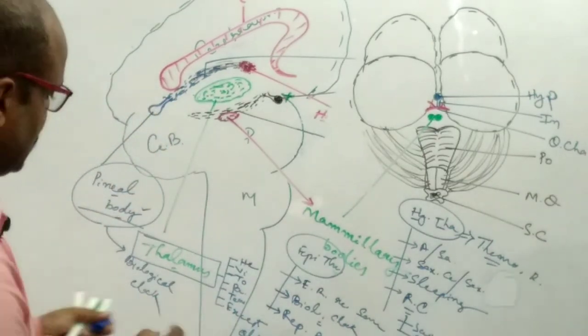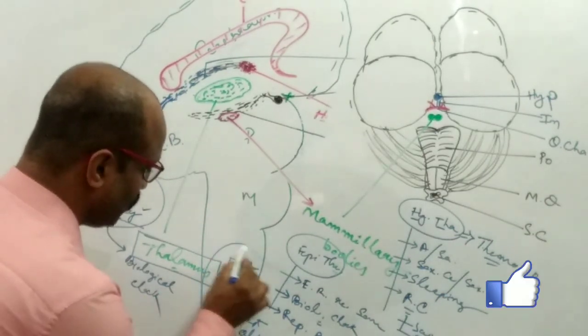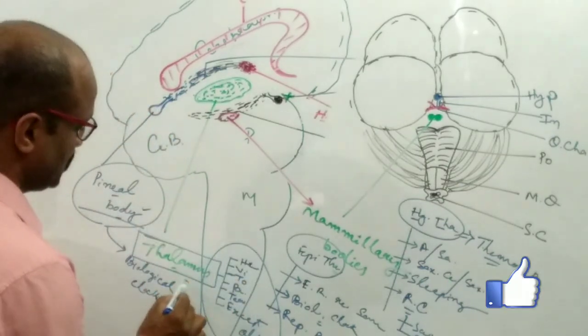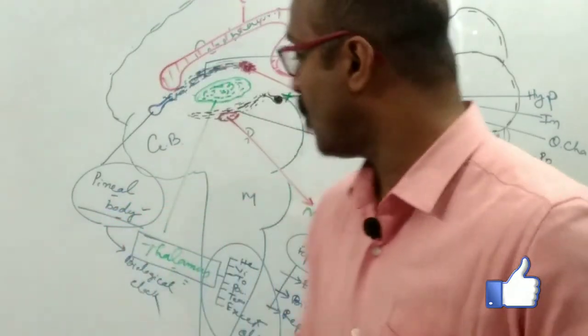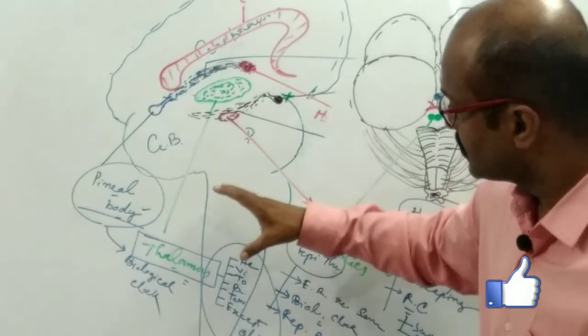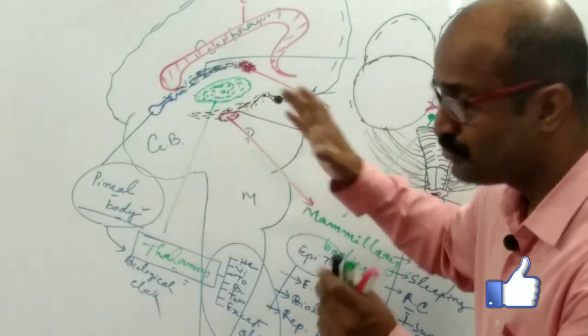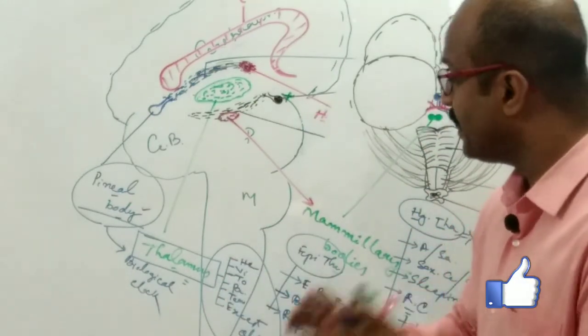The thalamus is also important for the acquisition of knowledge and awareness.